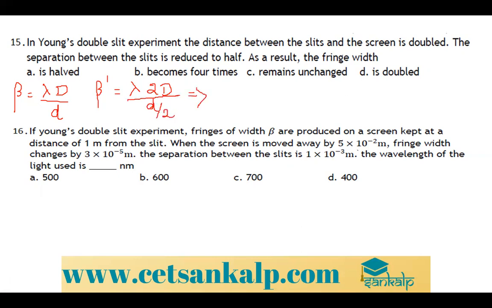So I can write this as 4 lambda D by d. So finally you can say it is 4 times the beta. So it becomes 4 times. Option B.